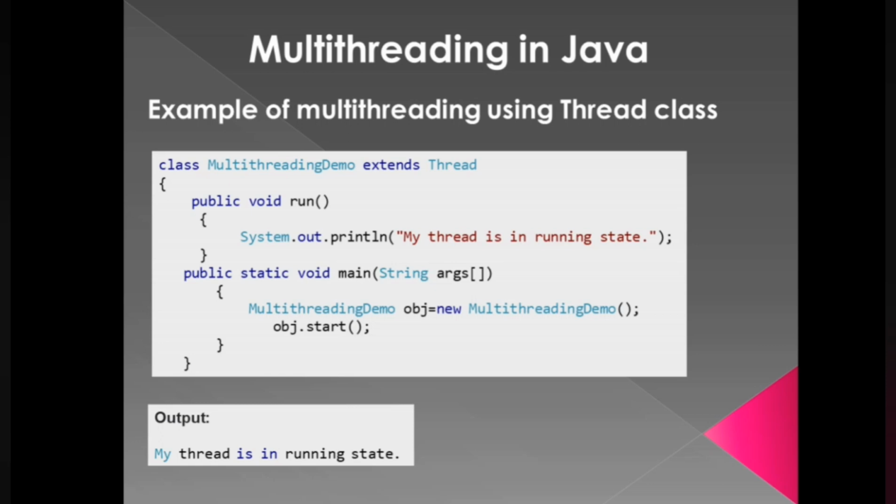Then we have the public static void main method, and then we create the object of the MultiThreadingDemo class, and with the help of the object call the start method, and after that the output is "my thread is in running state". So please note this example of multi-threading using the Thread class. It is very important.